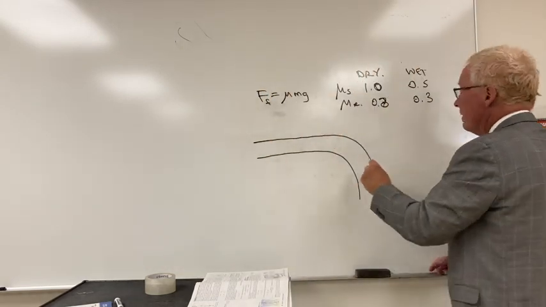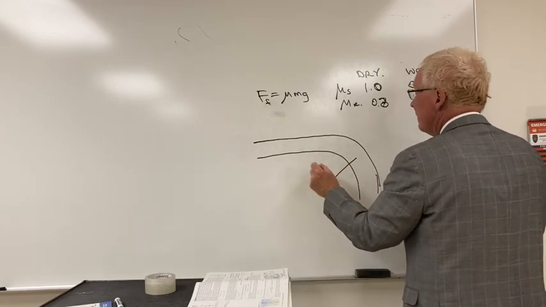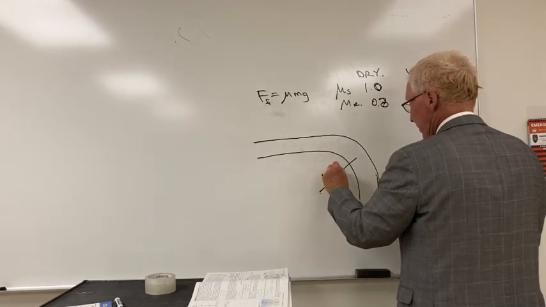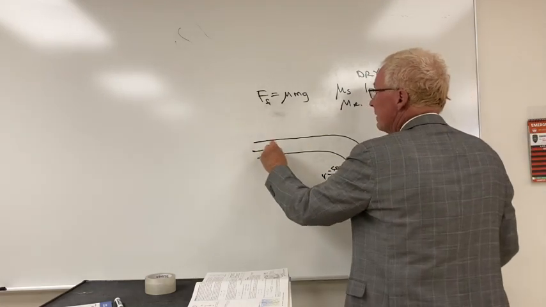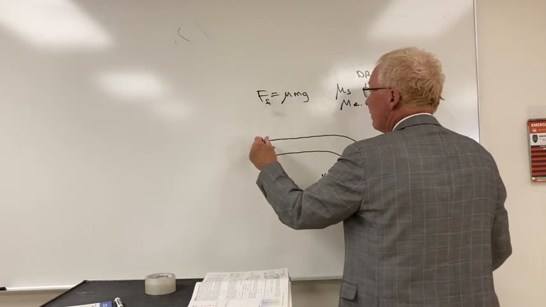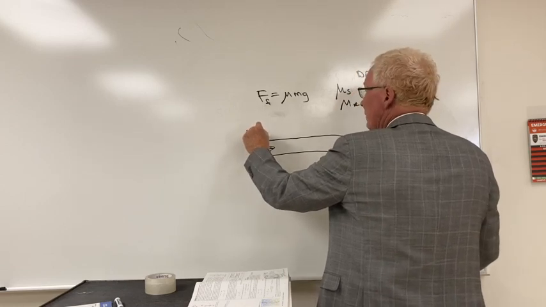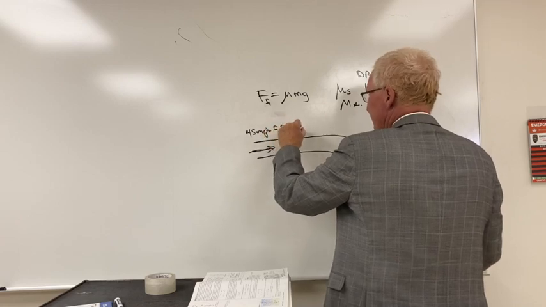Let's pick a road where R is, say, 50 meters, so that's about 160 feet. And you're going at a speed of 45 miles per hour, 20 meters per second.